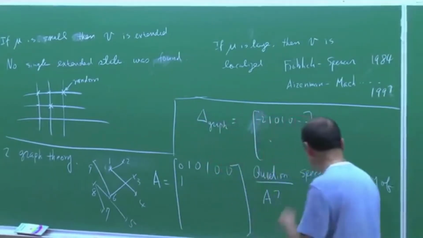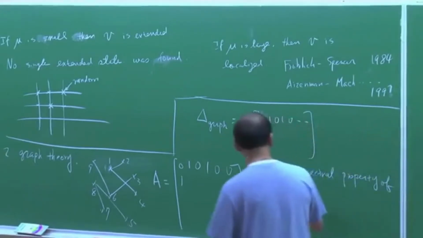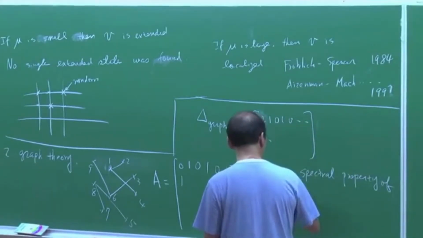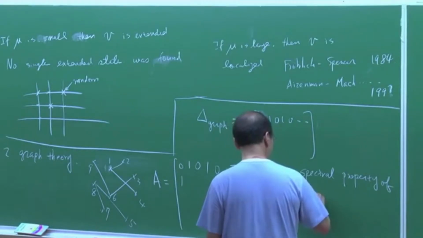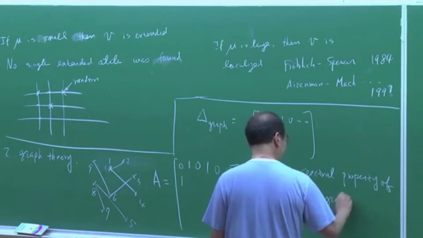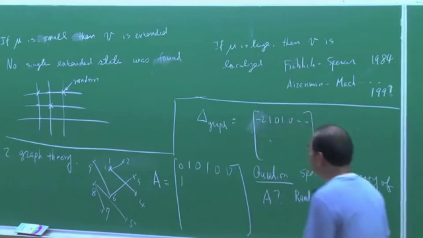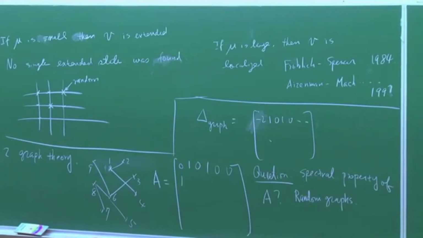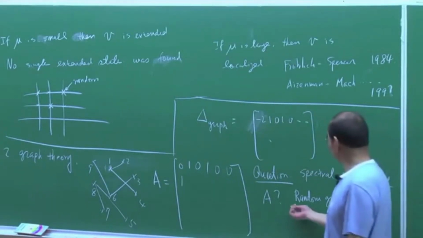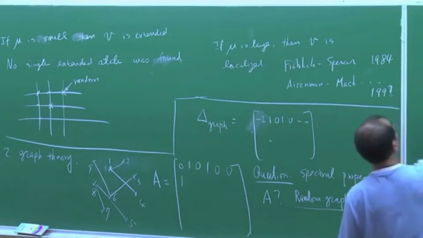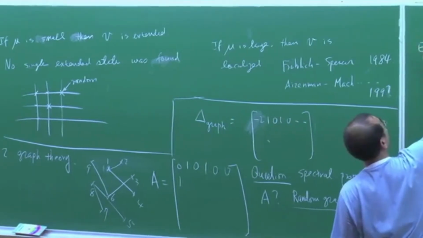For example, typically the class we are talking about is a random graph. There are many classes of random graphs. One is the so-called Erdős–Rényi graph.